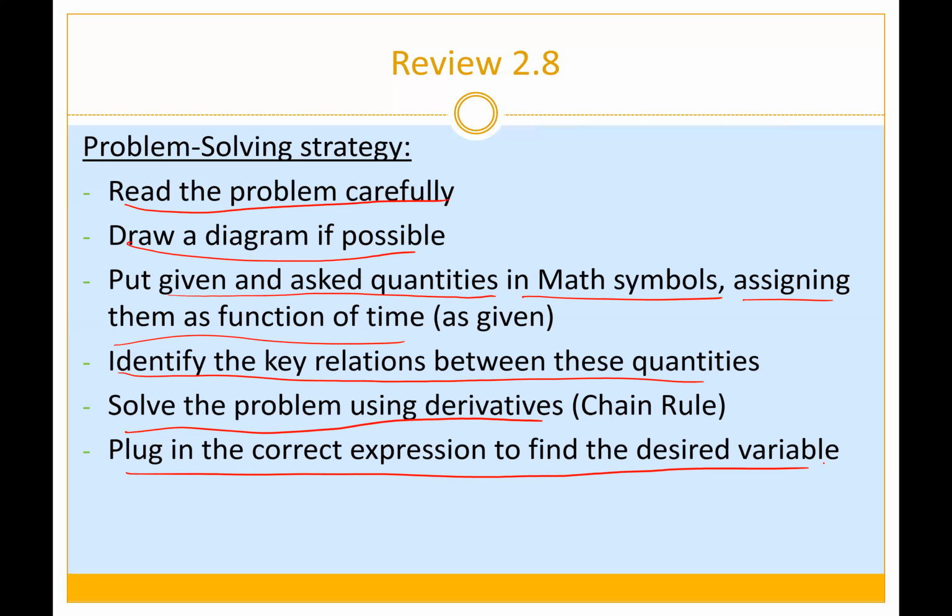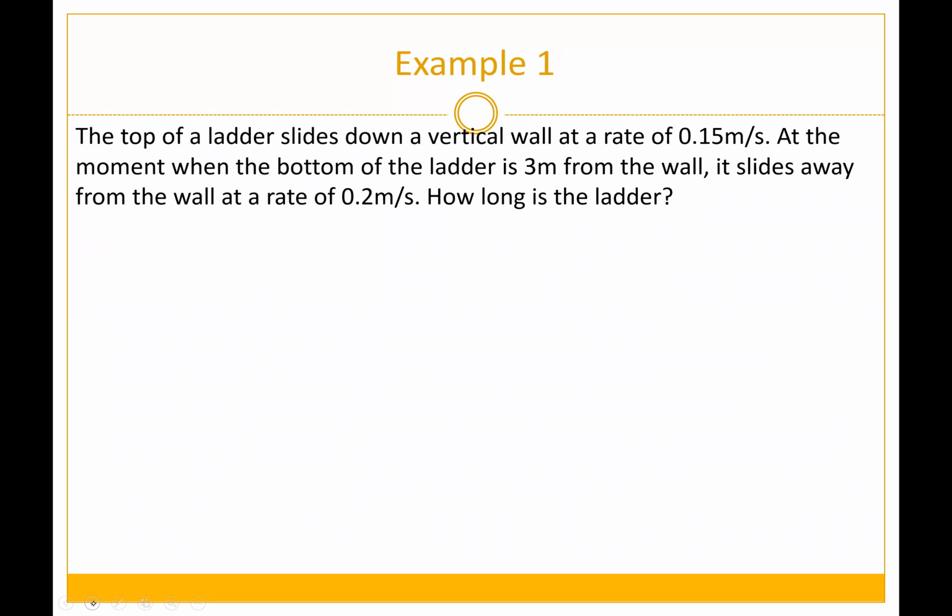So those are the steps that you are going to use to solve this section. I think in this section the key point is that you do a lot of practice, because that's how you put yourself into the situation where you have to put all of the quantities into a diagram and find the relationships among them.